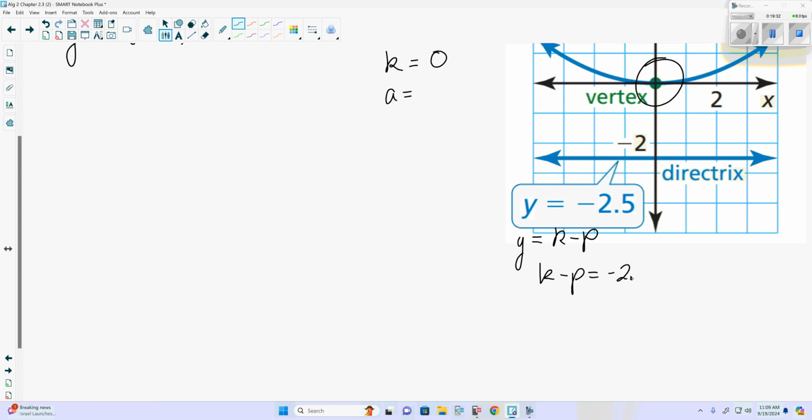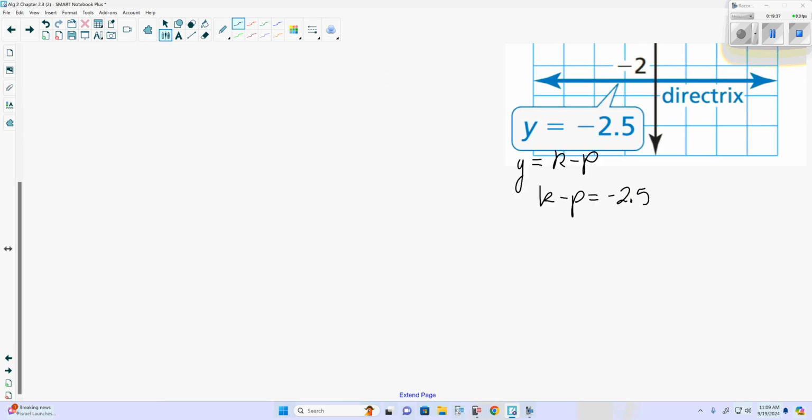So k minus p is equal to negative 2.5. Which is really just telling us that 0 minus p is equal to negative 2.5. Or we could have just said negative p equals negative 2.5.